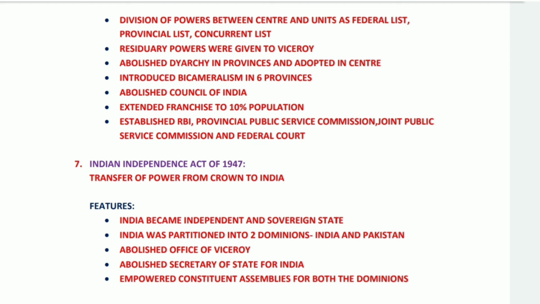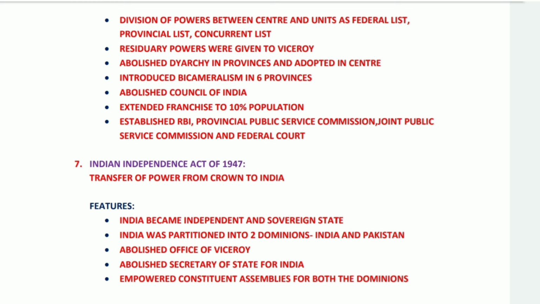And after this, this act adopted diarchy at the center, that is, the subjects in the center were divided into reserved and transferred list. So we have previously seen who controlled this reserved and transferred list. Here also same thing happened. And after that, this act introduced bicameralism in 6 provinces.